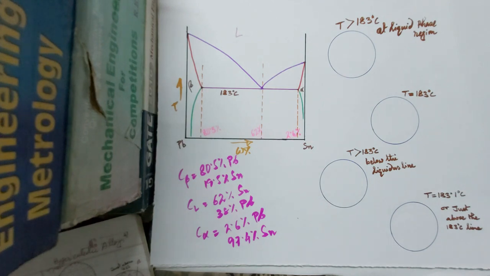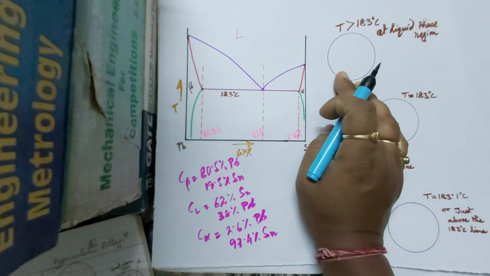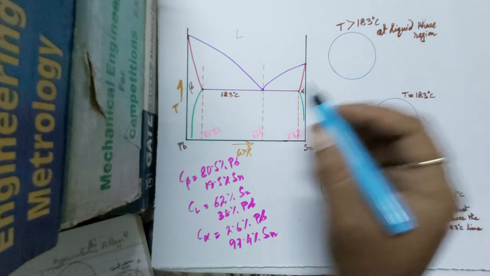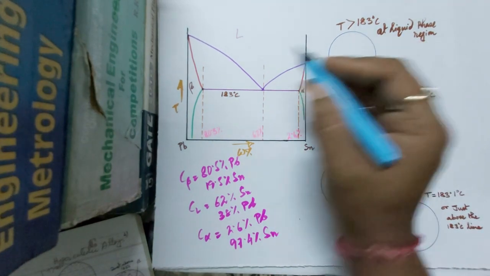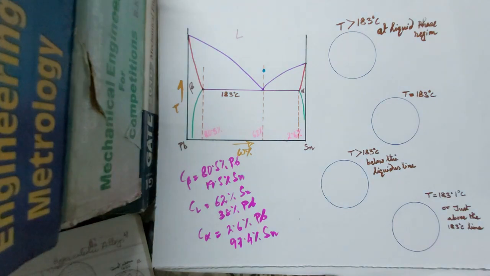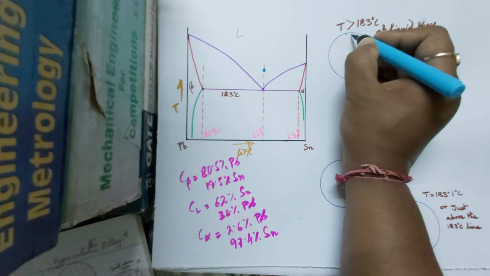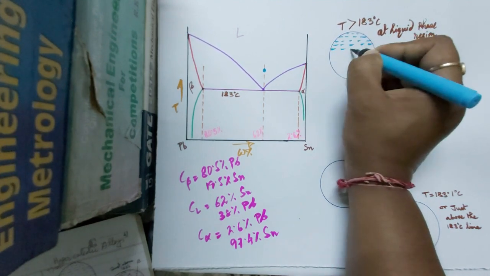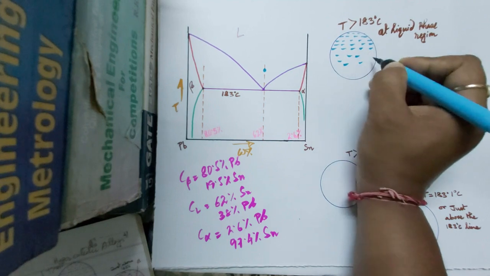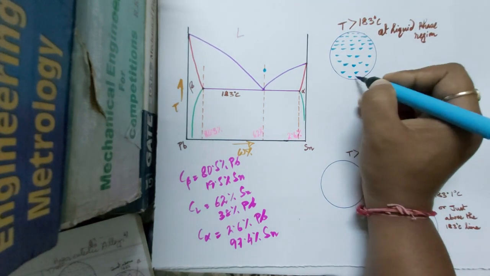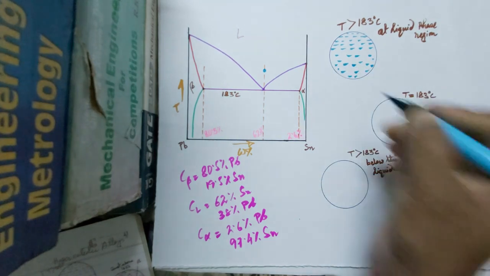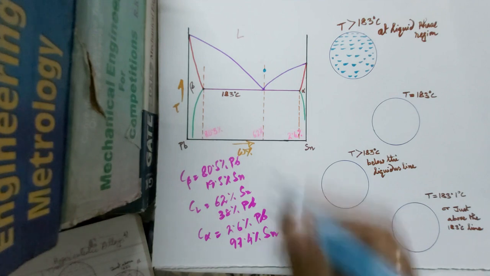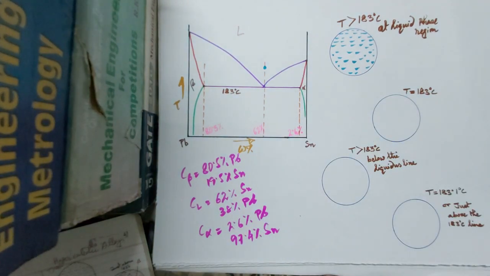Now we will draw the microstructure at a temperature above 183 degrees C, let us say at this point. At this point we will have all liquid. So the microstructure will be like this, where we have only liquid phase.